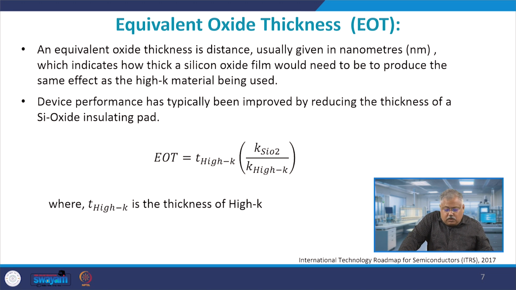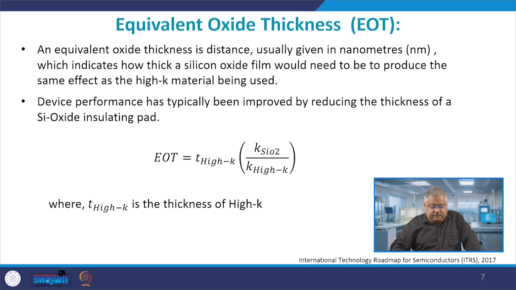Which basically means that if I have a silicon dioxide material and I replace that by, say, hafnium oxide, then we define the effective oxide thickness, or EOT, as the minimum thickness of the hafnium oxide which will result in the same output characteristics as that of the silicon dioxide.